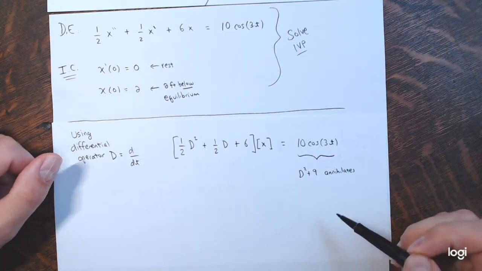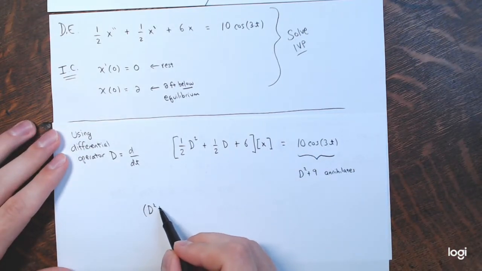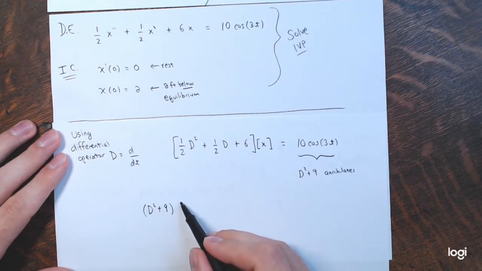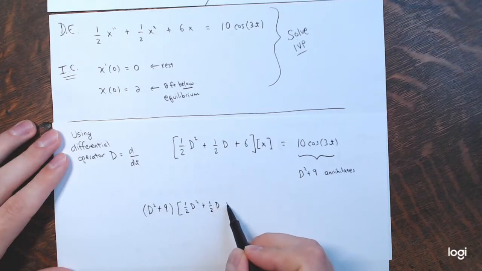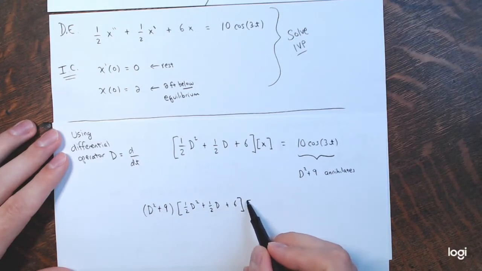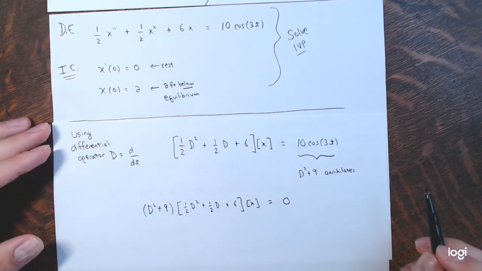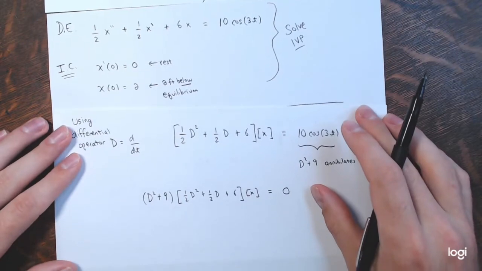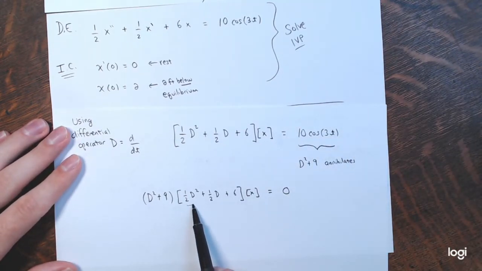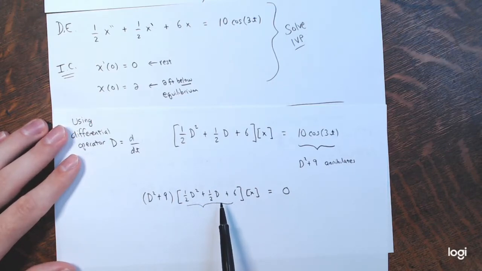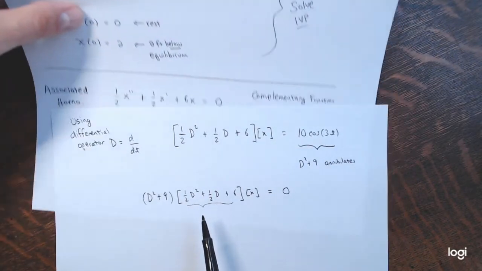So I apply this annihilator to both sides. So we'd have D squared plus 9 times the half D squared plus half D plus 6 applied to x, and that should be equal to 0. And then we basically have a homogeneous equation again, with 0 on one side. And you already know what's coming from this, because I got this from the homogeneous version.